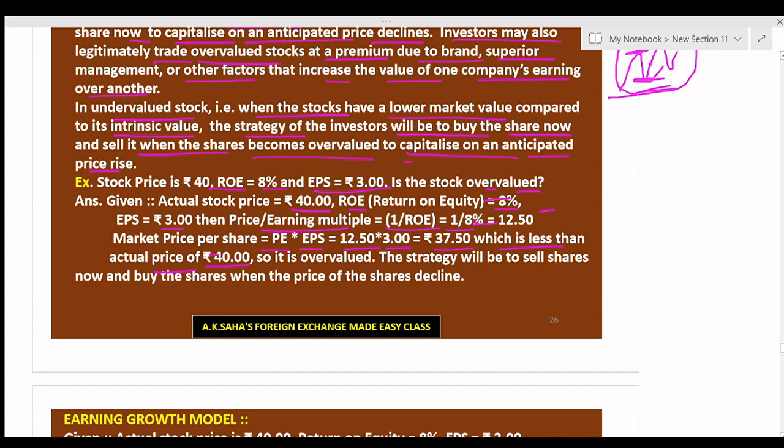So it is overvalued. The strategy will be to sell shares now and buy the shares when the price of the shares declines. Now I stop the class here. Next day I will continue this future pricing. Thank you.